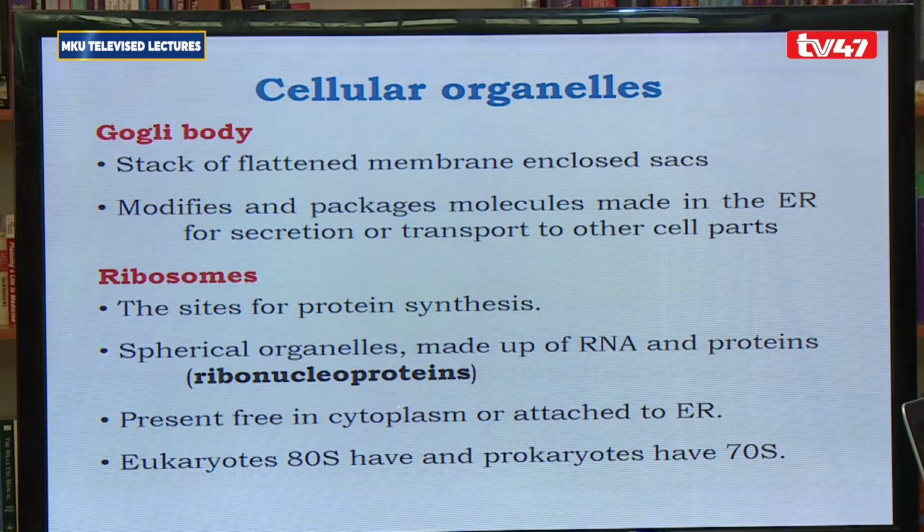Another organelle that actually assists the endoplasmic reticulum is the Golgi body, which is a stack of flattened membranes. Their work is to package molecules which have been made in the ER for secretion or transport to other parts of the cell. So it packages substances.